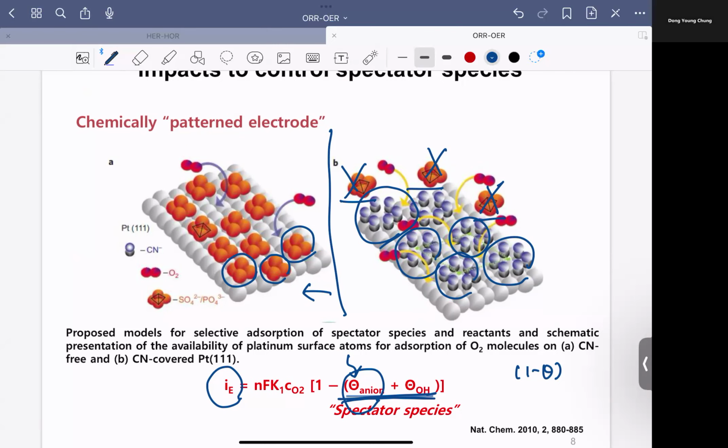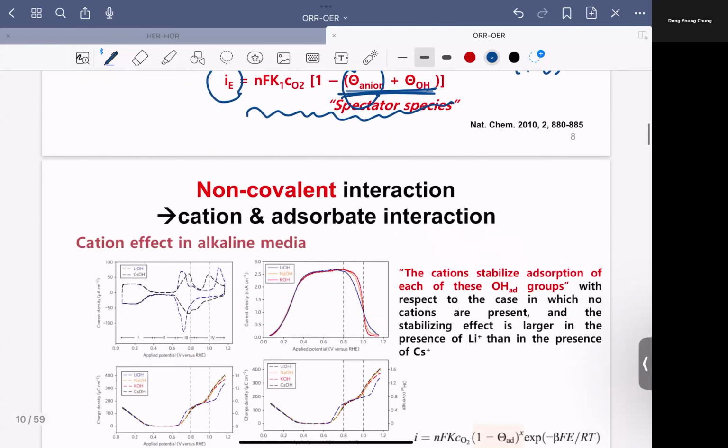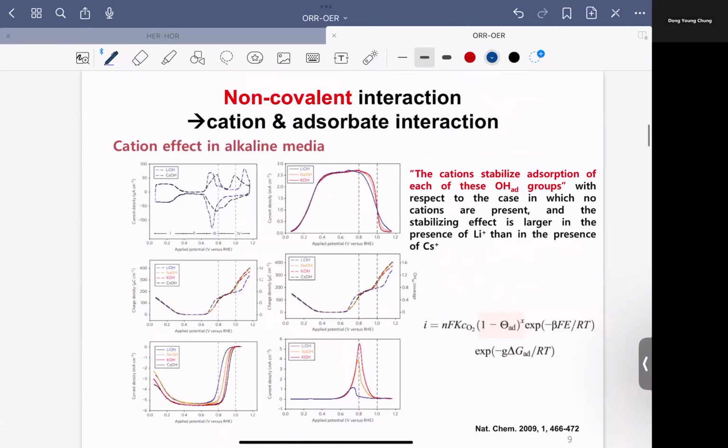So this is the very important message that we can handle. You have to control the surface site by engineering not only the electrode itself, but also the electrolyte, because the performance of the electrochemistry is governed by the whole interactions between the electrode, cation and anion in the electrolyte, right? So these are very important ideas that you have to keep in mind.